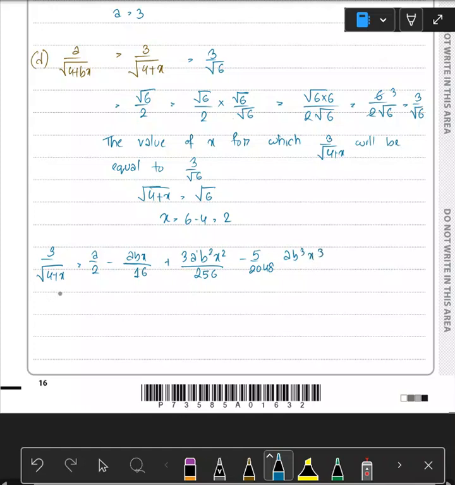Okay, we know the values of a and b, and we know x is equal to 2.